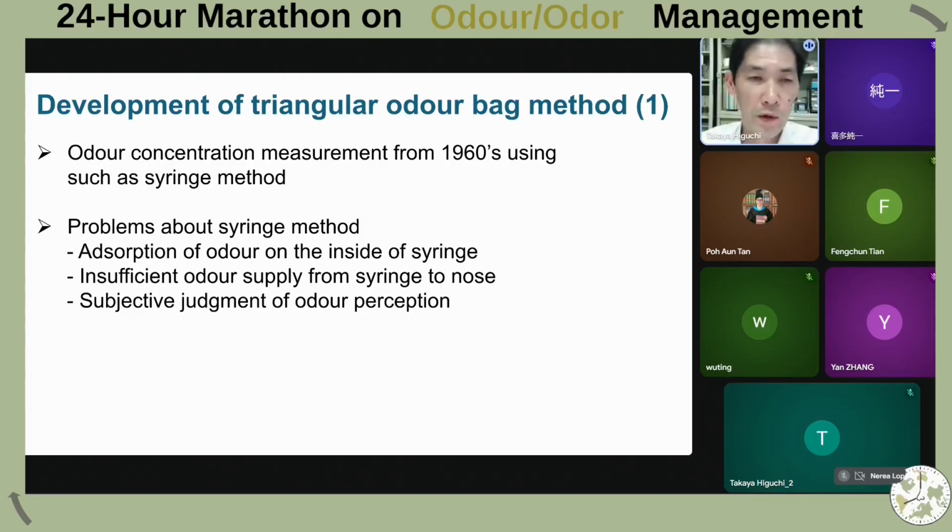In this period, mainly a syringe with a capacity of 100 milliliters or 200 milliliters were used, so it was insufficient. And the judgment of odor perception was subjective.